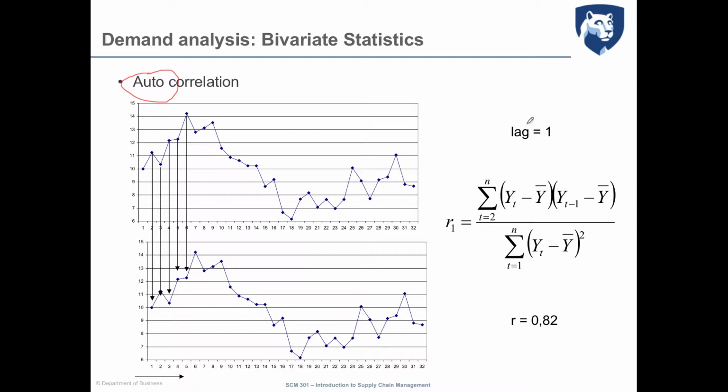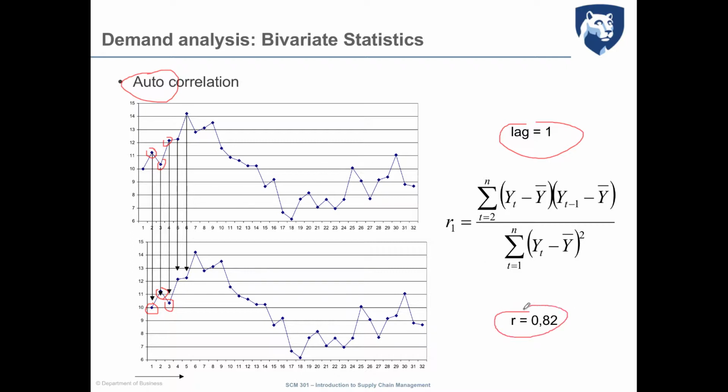For example, when the lag equals 1, we are understanding if the demand in the second period is correlated with the demand in the first period by creating a second series, which is the first one just postponed by one period. Demand in period 2 correlated with period 1, demand in period 3 correlated with period 2, demand in period 4 correlated with period 3, and so on. We are understanding if two following observations are correlated with each other.